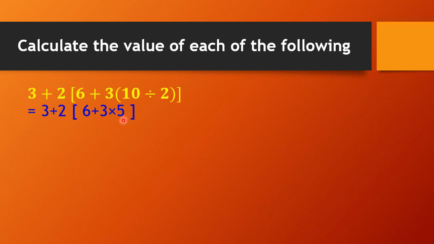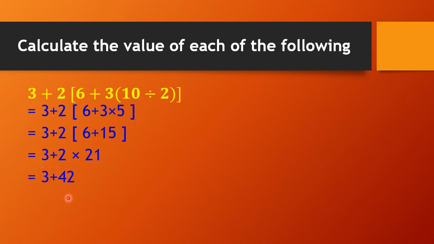After that, we will do the operations inside this bracket. 3 times 5 equals 15. After that, 15 plus 6 equals 21. So we have addition and multiplication. Yes, perform the multiplication first. It would be 2 times 21 equals 42. 3 plus 42 equals 45.